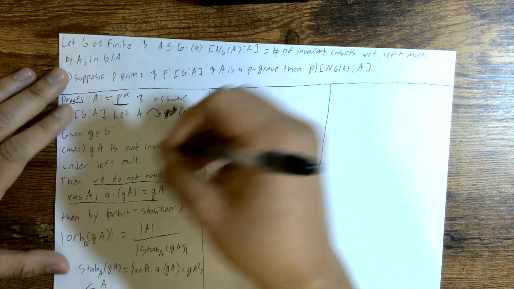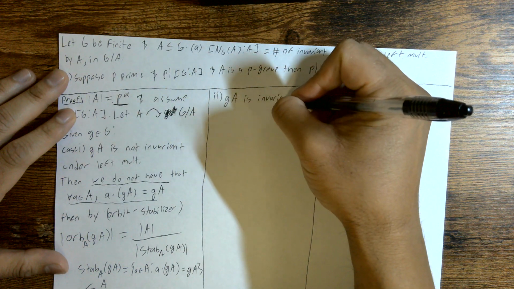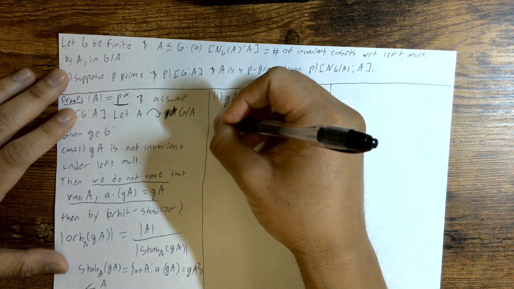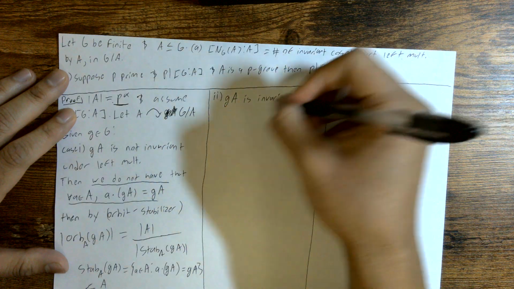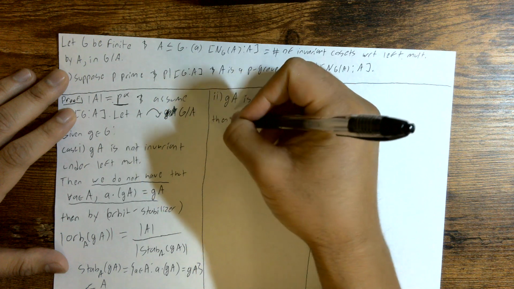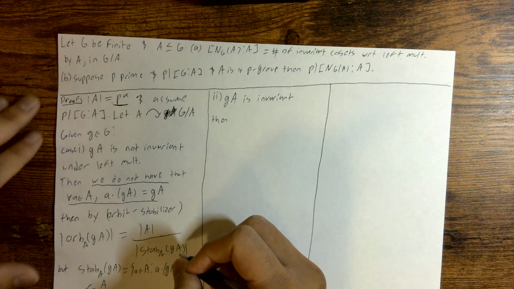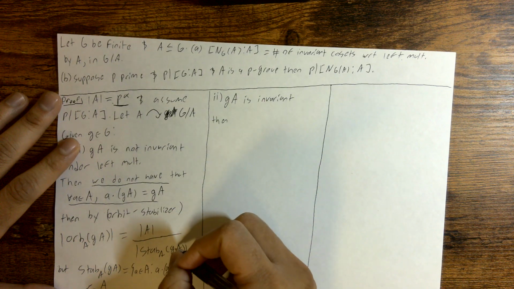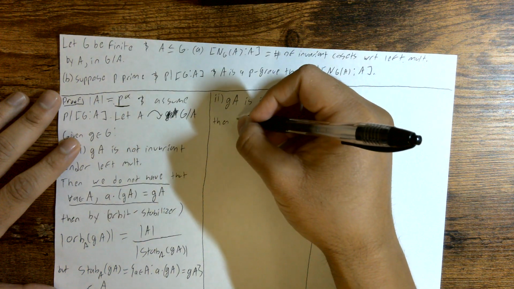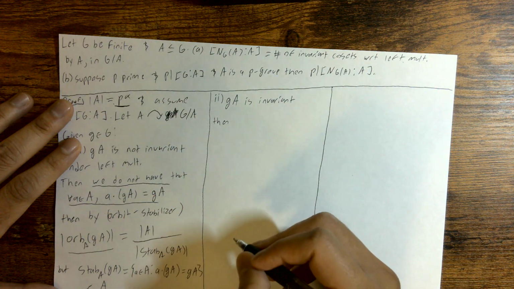Case 2 is gA is invariant under this action, in which case the stabilizer must be the full group A. So then the orbit must have size 1.